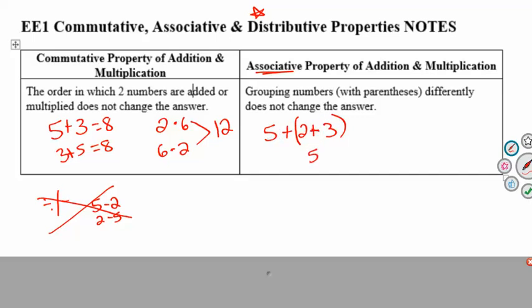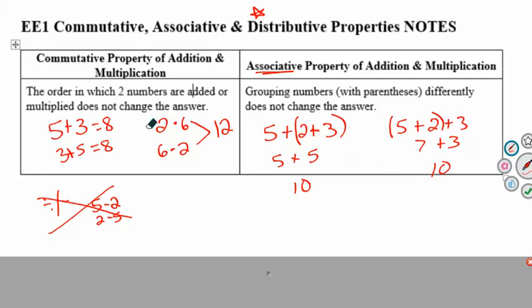So this is 5 plus 5, that would give me 10. But if I have the exact same problem over here, but I change where my grouping symbols are, my parentheses, let's say I'm going to do this first, this would be 7 plus 3. It still gives me 10. So if it's all an addition or all a multiplication problem, if I change where those grouping symbols are, it does not affect the answer.